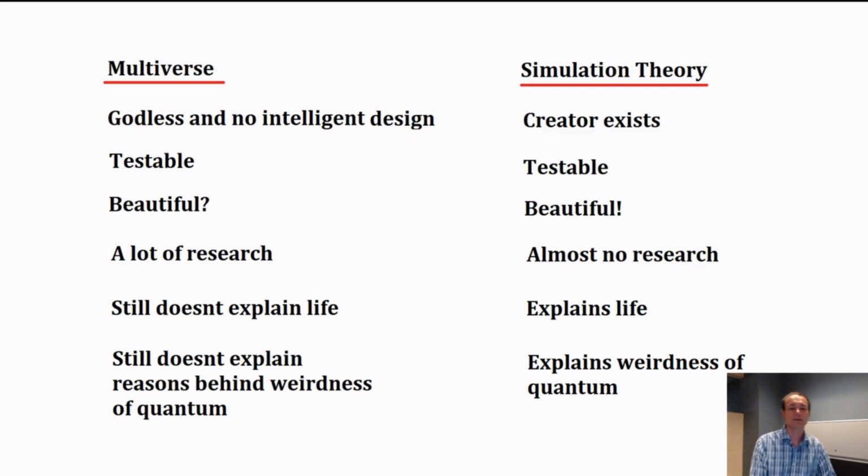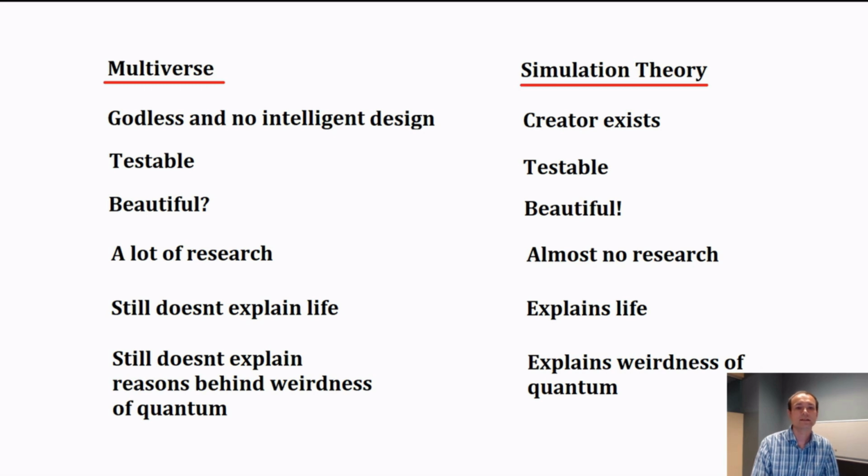Okay, so now to the actual comparison between the two. I think both are competing theories. The fundamental point for me is that simulation theory assumes a creator intelligence behind the creation of our world.